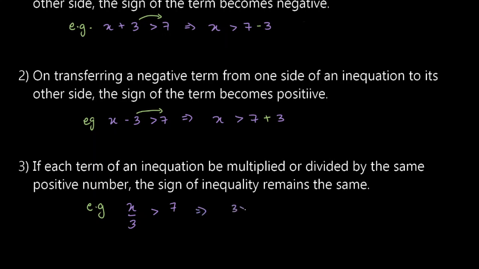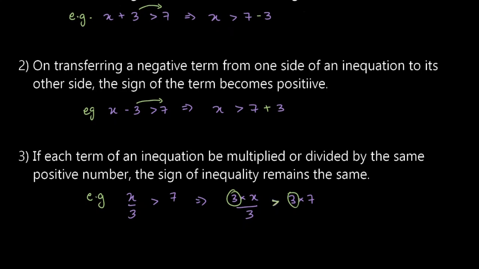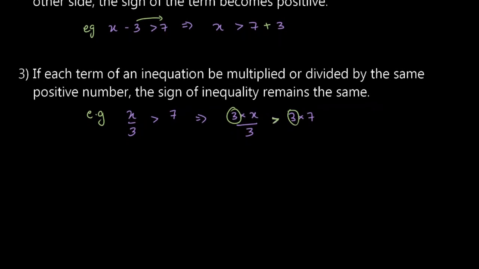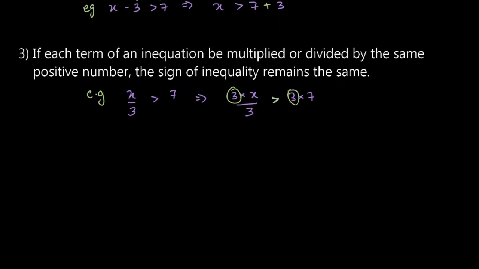So 3 into x upon 3 will be greater than 7 into 3. What I've done is I've multiplied both the sides of the inequation by the same number 3. So you can see the inequation sign remains unchanged because I multiplied both the sides by the same positive number.